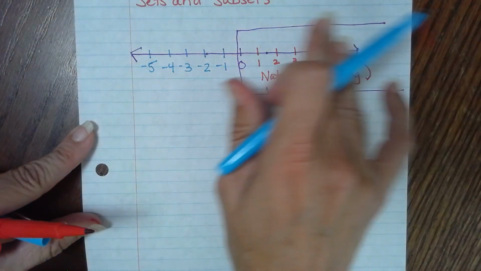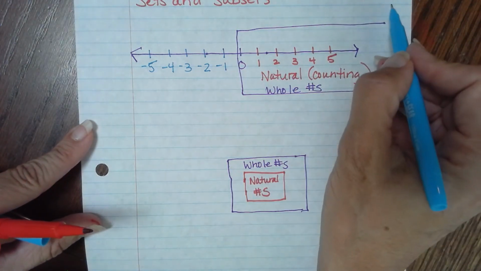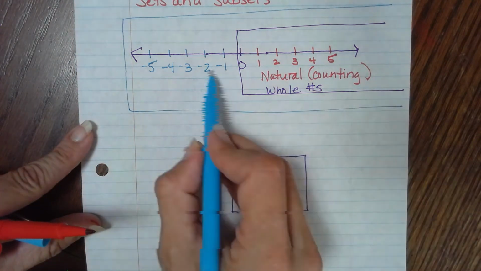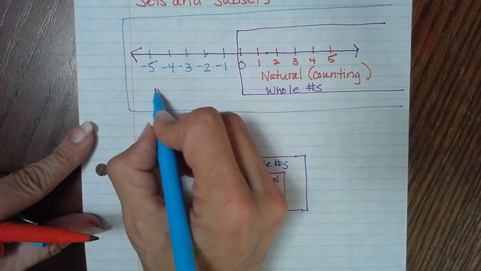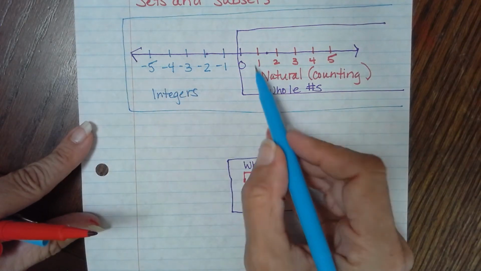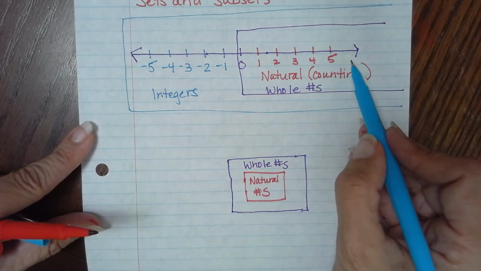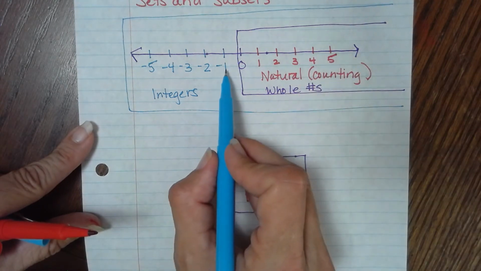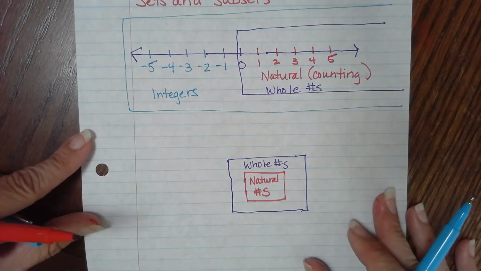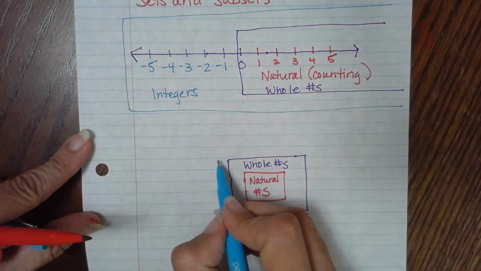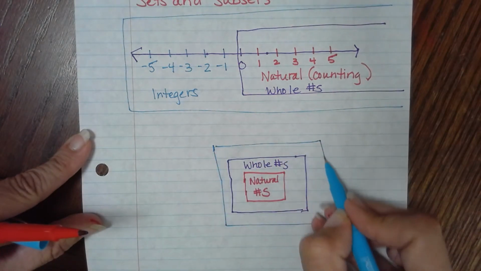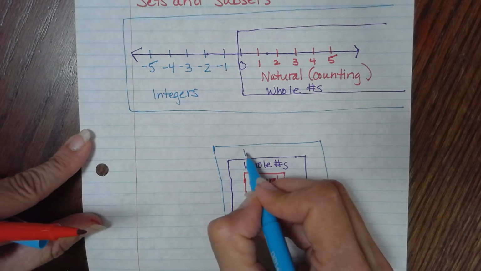So if I took everything that you see here and then I included all of what you see, the negative coming behind the 0, that's what we call the category of numbers of integers. So integers is 0 and all of these whole positive numbers, and it includes all of these negative numbers behind 0. Notice none of them are decimals or fractions. So my next size up is going to be integers.